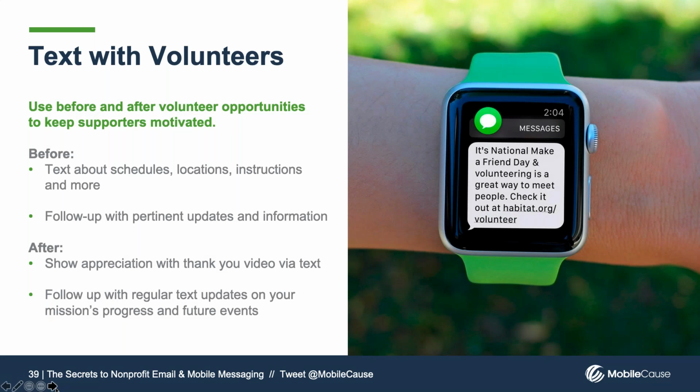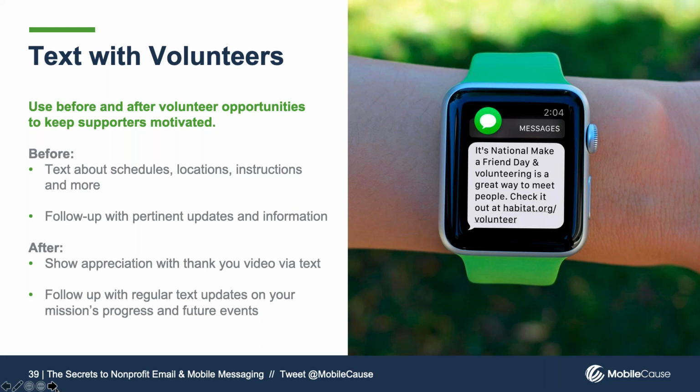So again, mobile messaging is a really great communication tool, and one of the groups you typically need to have a lot of communication with that's very convenient in timing is texting with your volunteers. You can use mobile messaging before and after volunteer events to keep these supporters motivated. Ahead of a volunteer event, send out a schedule, location, and instructions on maybe what you need to wear.